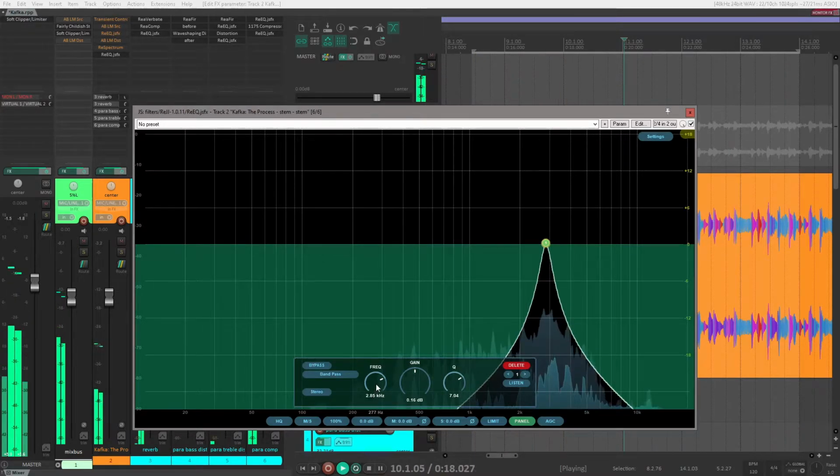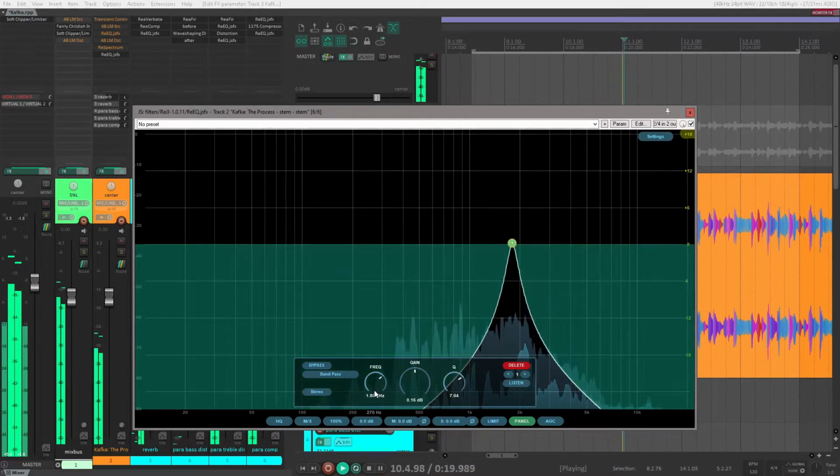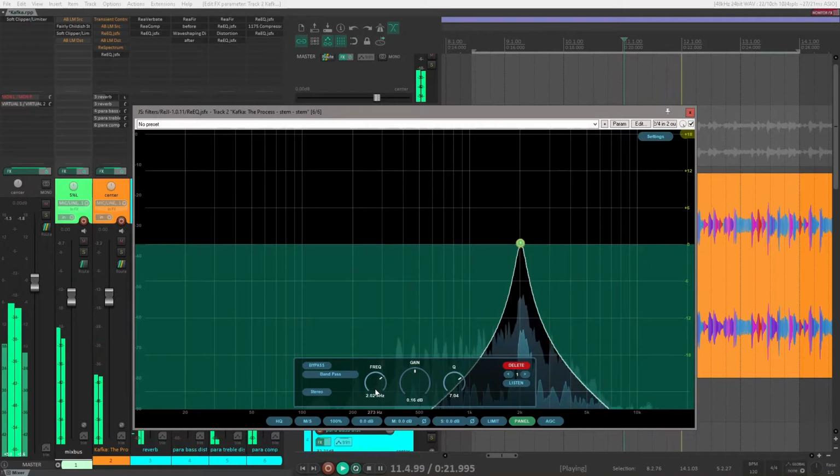Even more attack here. This is a really strong attack portion. So maybe keep in mind roundabout 2K.